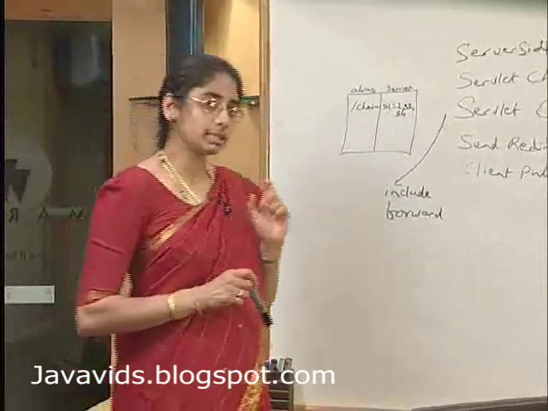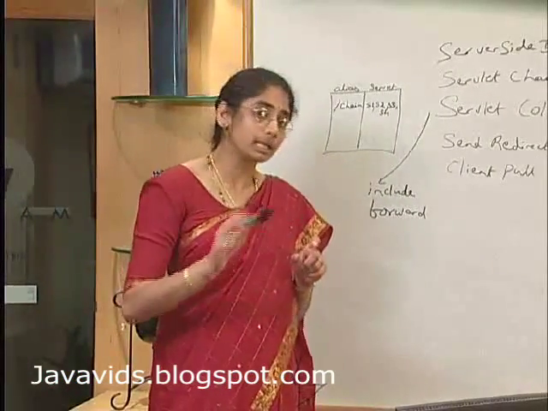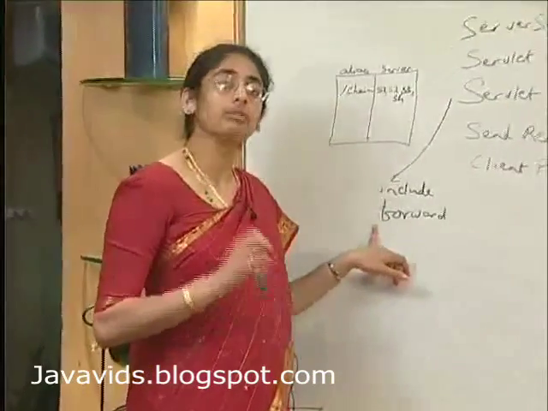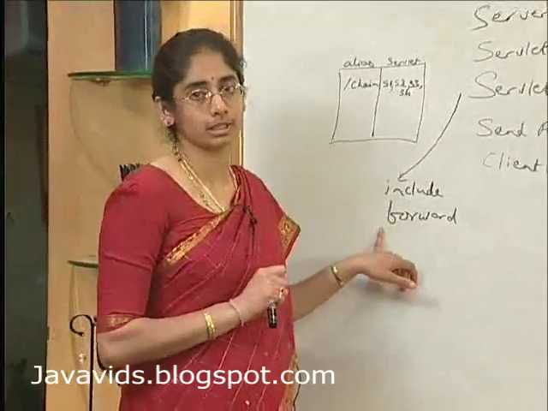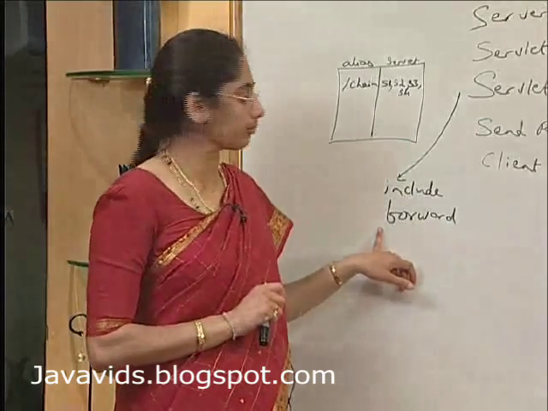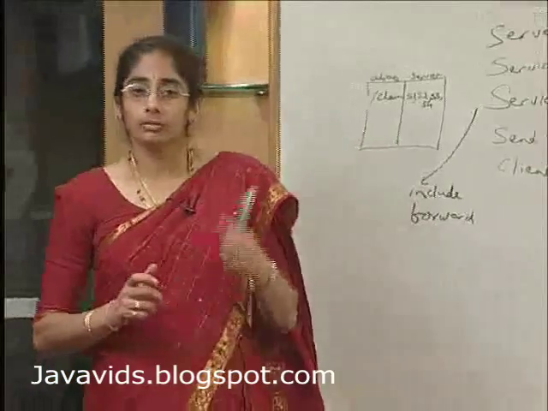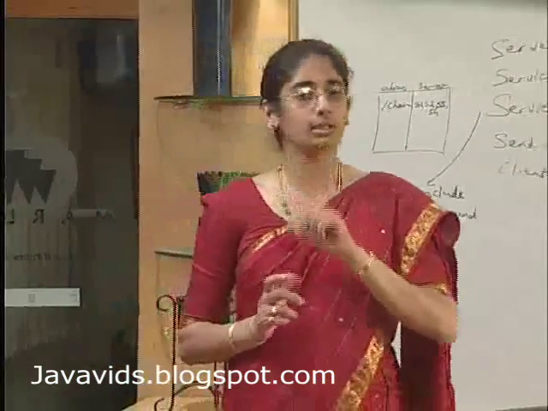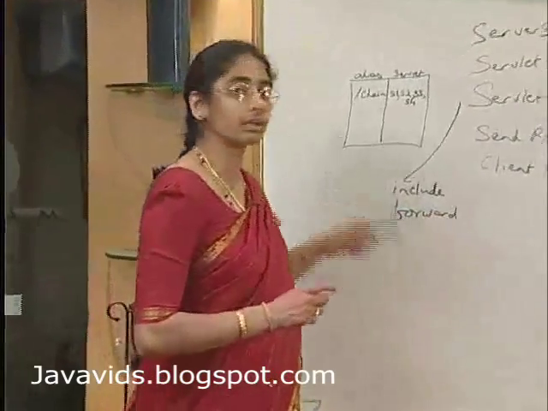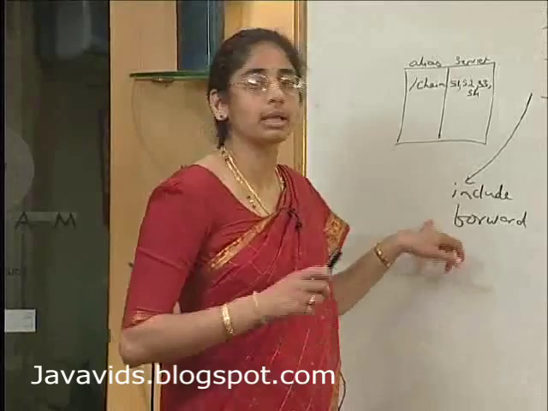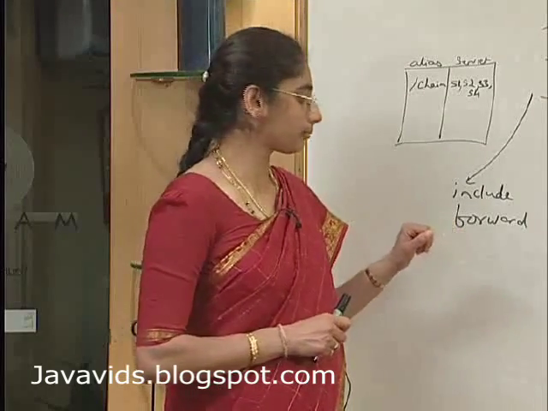So you specify this URI, that is the page to be either included or forwarded to, when you create an instance of dispatcher. That is when you call getRequestDispatcher. Now once you have a request dispatcher object, the request dispatcher interface has only two methods, that's include and forward. Either call the include method or the forward method depending on what you want to achieve.